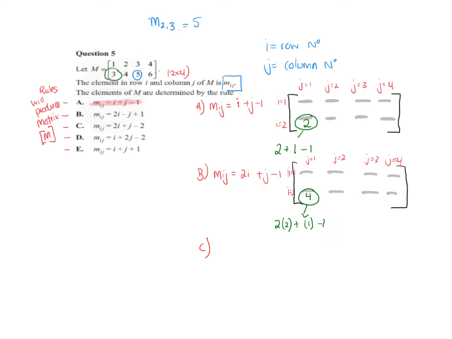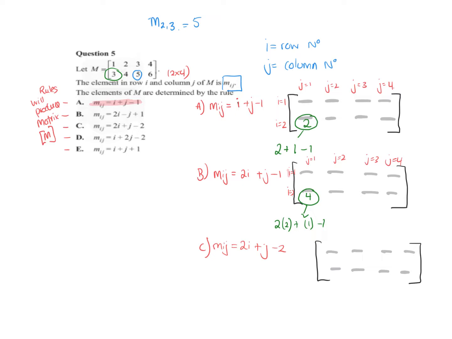So C's formula is saying that you do 2 times i plus j and you minus 2. Okay, so we would have this matrix here with the 8 elements missing.